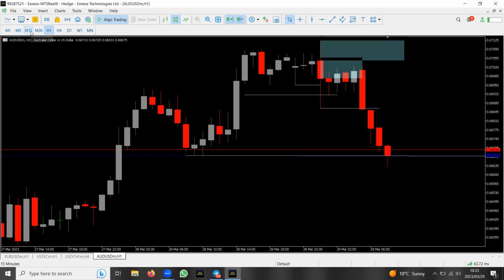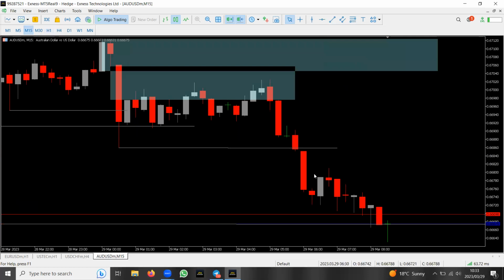Example, let me go back to the 15 minutes. Do you see that it sold at the FVG? The only confirmation people waited for is this retracement here. People entered on this flip zone. This is a flip zone. It nearly came to the flip zone. This is the support which became resistance. Price almost retraced here.